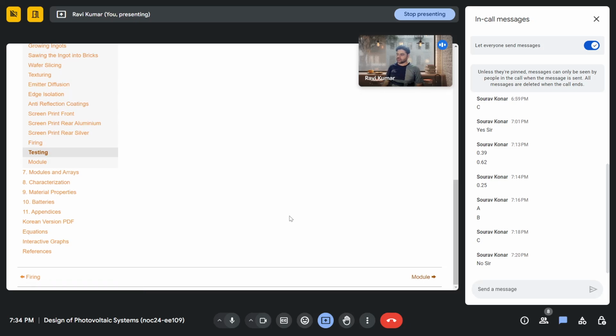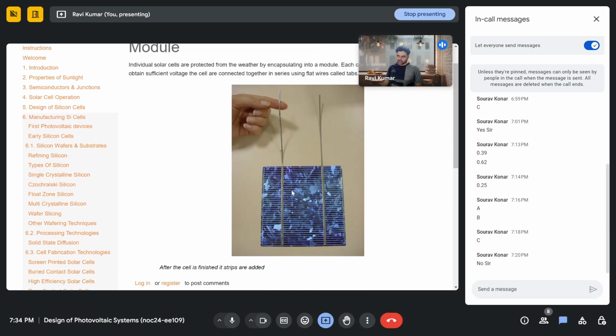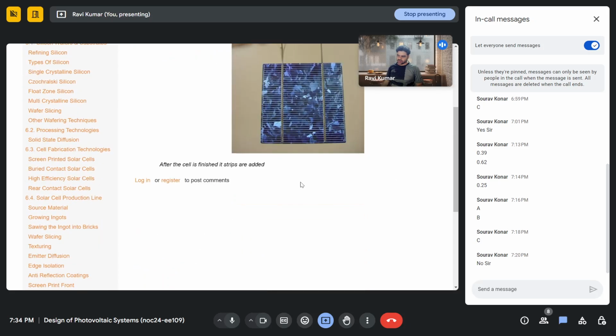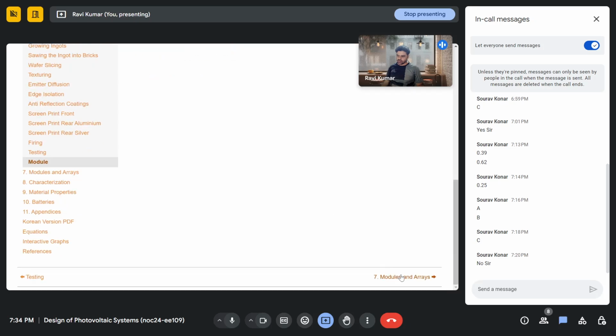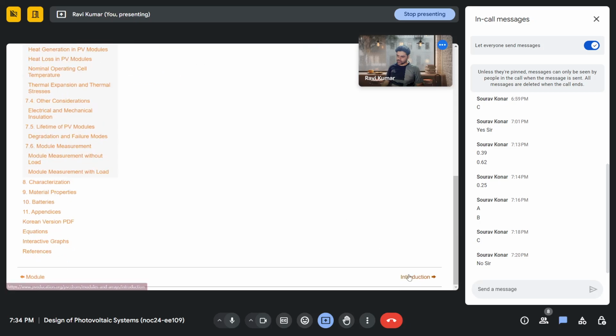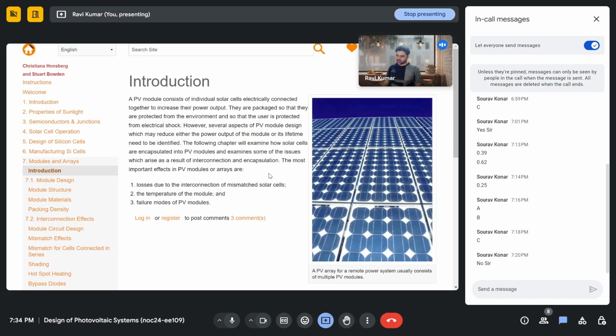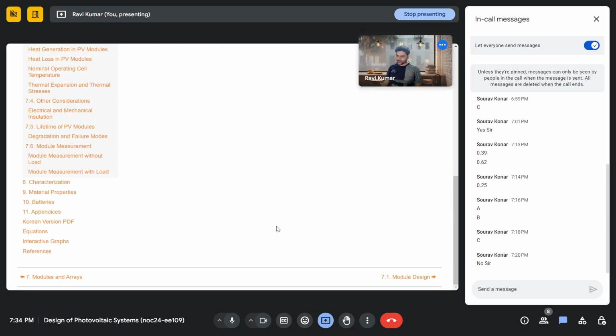Then after testing, they have the PV module. So they have connections like this, and using these connections, they make the module. If you are interested in knowing about solar photovoltaics from the bottom up, then you can use this website.